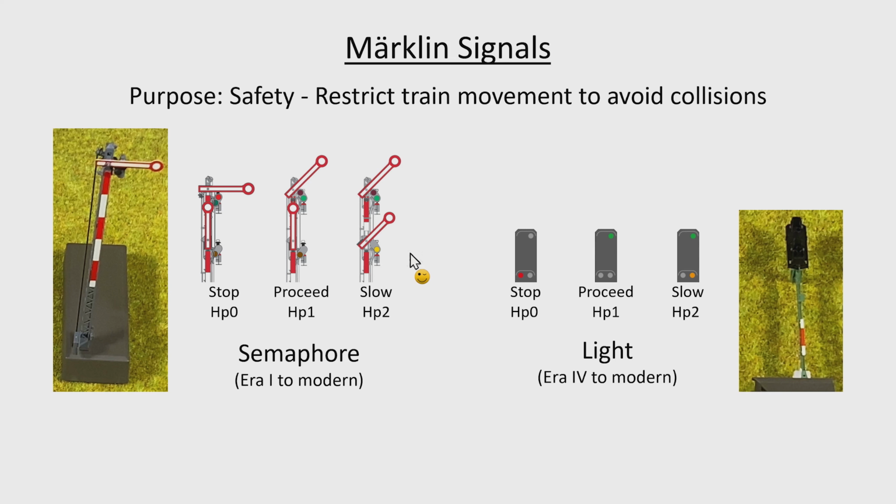Related to the eras, the interesting thing is that today you will see a mix of signals. As an example, on branch lines or museum lines, you will see the semaphore signals, but you may also see the light signals on the same line.